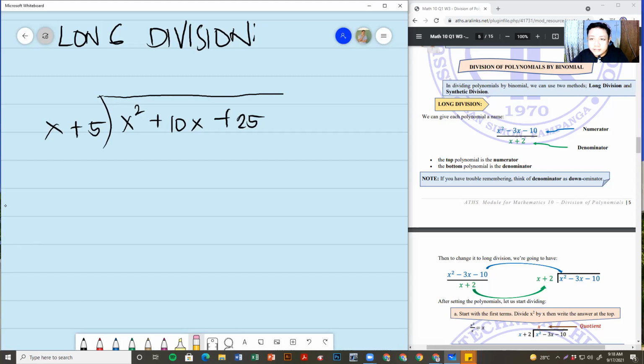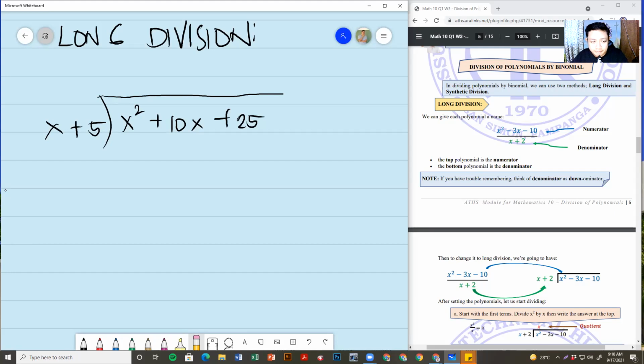I only learned this when I was in college already, taking up the math major in education. I realized late that it was that simple. Now I'll be sharing the trick, the step, or the technique that my classmate taught me on how to do this. Okay? Let's now start.